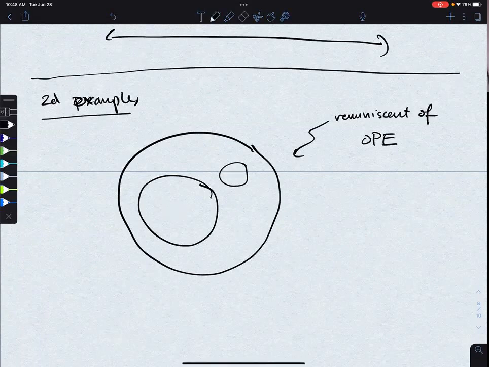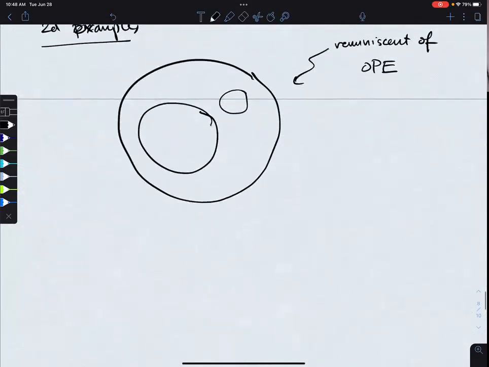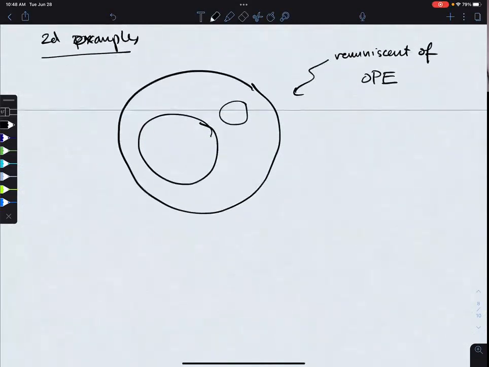And I should say that in the 2D setting, there are 2 kinds of higher algebraic structures that show up naturally.